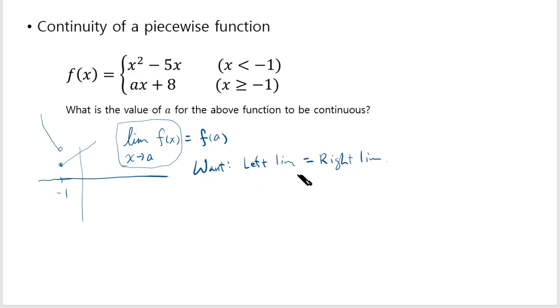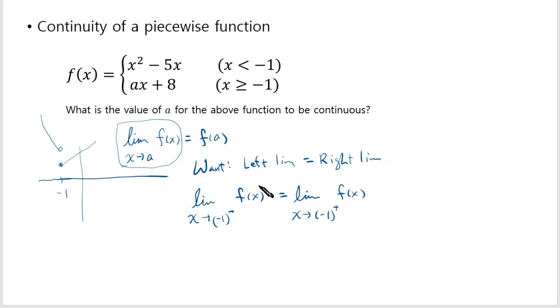So let's try to write down this condition. Let's see what that means. The limit of x approaching -1 from the left, so you put a minus sign, of this function f of x should equal the limit as x goes to -1 from the right side, so I put a plus sign there, of f of x.